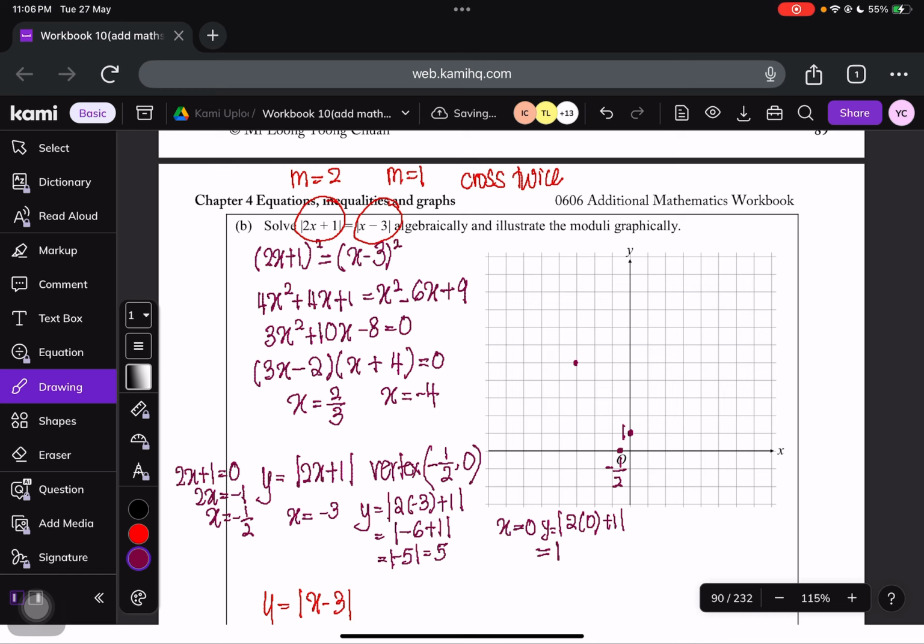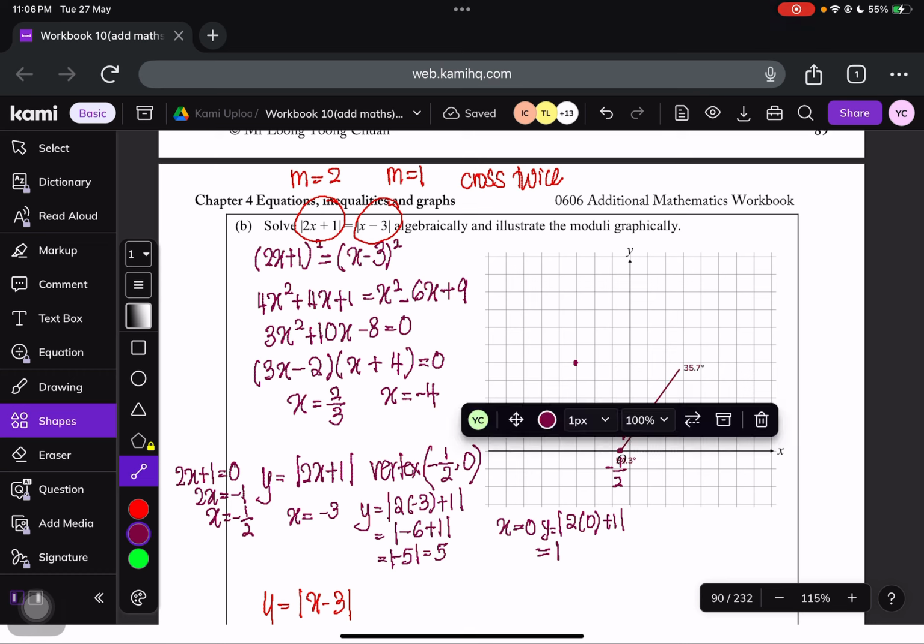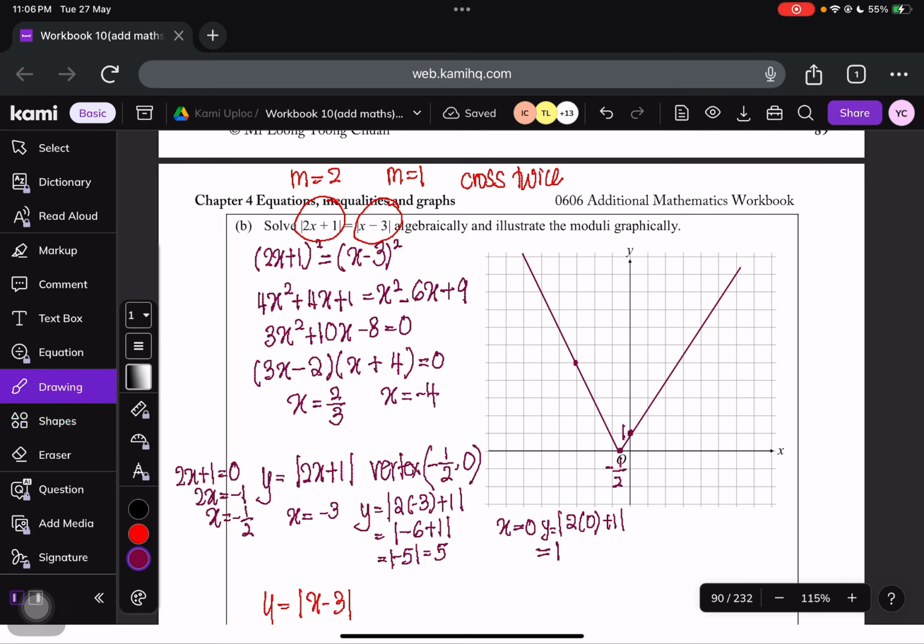You can just do it mentally, because I only mark the graph. Then you take your ruler and draw the graph. This is the line, and the other line goes like this. It's joined here. So this is the graph. Don't forget to label y equals modulus 2x plus 1.